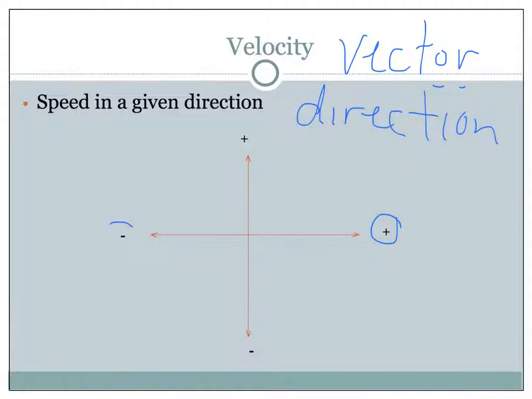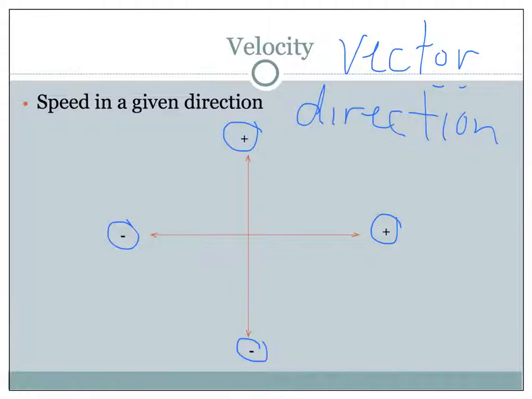Things moving to the left, we typically call that negative. Things moving north or up, we typically call it positive. And things moving south or down, we call that negative. Again, we can change this periodically, but for the most part, that's the traditional way of looking at it. Positives are up and to the right, negatives are left and down.